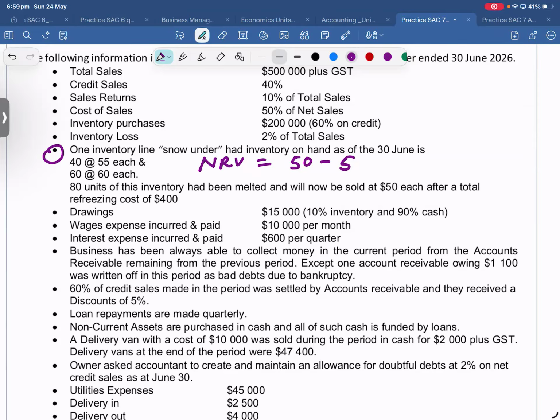Yeah, this is done. Next one, drawings, 15,000, 10% inventory and 90% cash. So where do we record it, guys? Cash flow statement, how much? 13,500, yep. So then I'll do probably somewhere here.